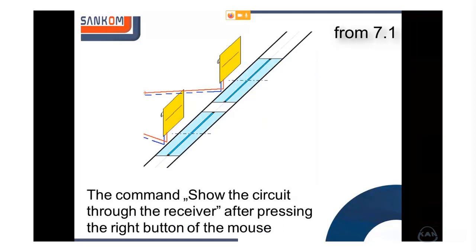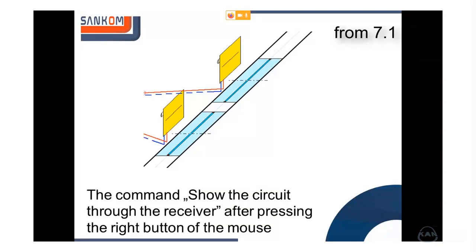The other option, probably even more important, is showing the circuit through the receiver. That helps a lot during diagnosis, during problem solving. Let's imagine that our system has very high hydraulic resistance, pressure drop, and we try to find out why.